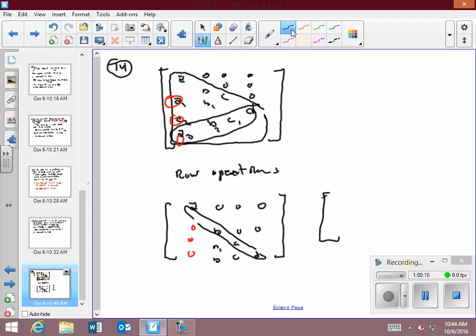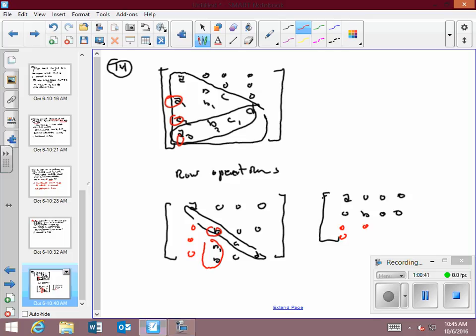We can do an A, 0, 0, 0. We'll have a 0, B, 0, 0, and we can use this B right here to make these two positions down here 0. And we'll not change those other ones, because when we use that B to change that, it won't change that column.